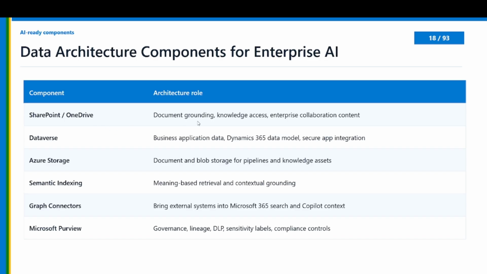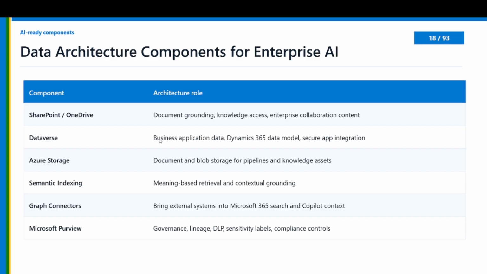This can be used for document grounding, knowledge access, enterprise collaboration content, and policy implementation. Then we have Dataverse. This is storage of data generated from Power Platform, automation, and the rest. These are business application data, Dynamics 365 data model, secure app integration. So this is where business data are stored.